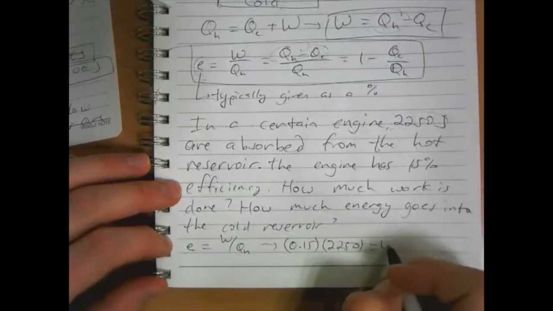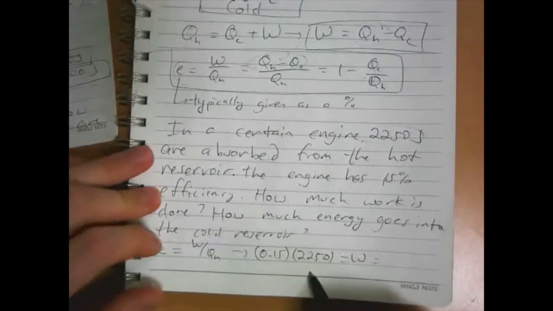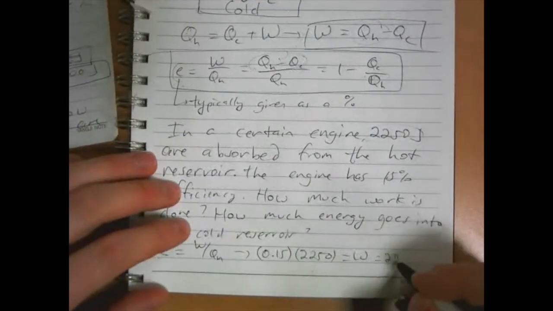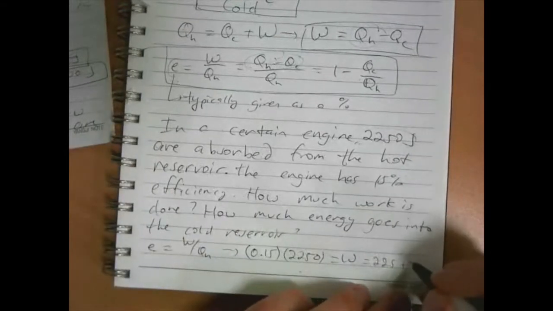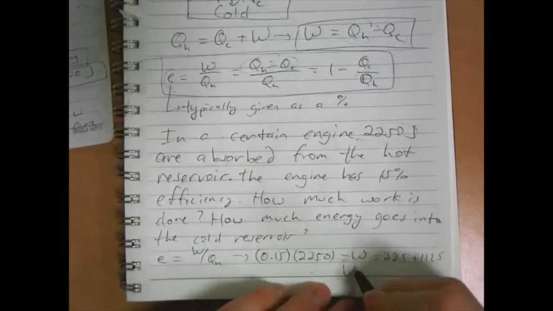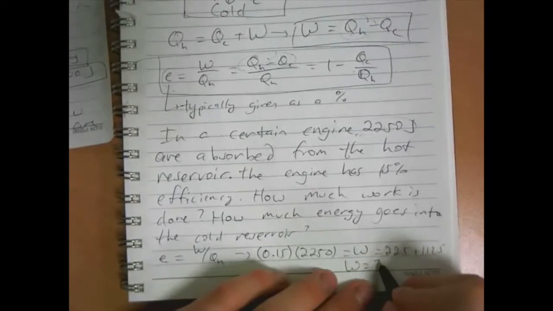What is 15% of that? 10% would be 225, and 5% would be half of that, which is 112.5. So the work done is going to be 337.5 joules.